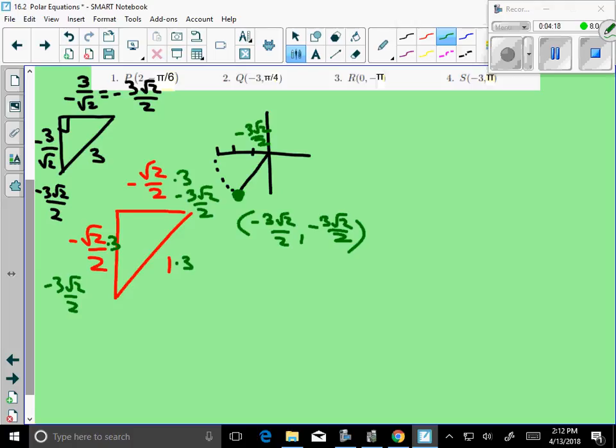Anytime you see a pi over 4, a 7 pi over 4, anything over 4, think it's going to be the same, maybe negative positive, but it depends on what quadrant. This would be rectangular form, where polar form was negative 3 comma pi over 4.